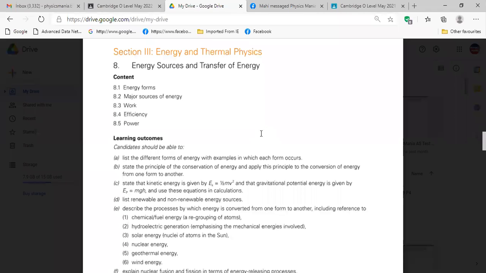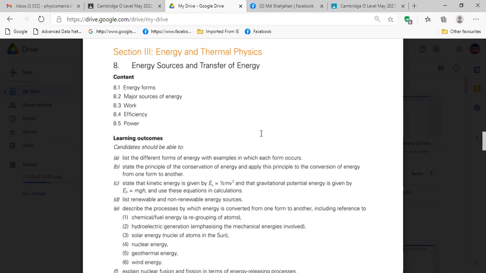Okay, sir. Renewable energy sources. From this name, we understand that this energy can be renewed or reused, recycled.